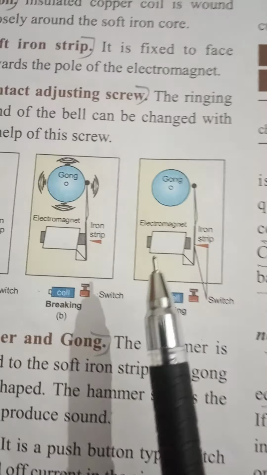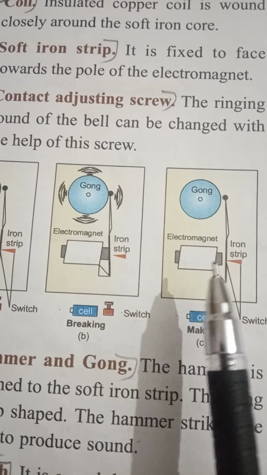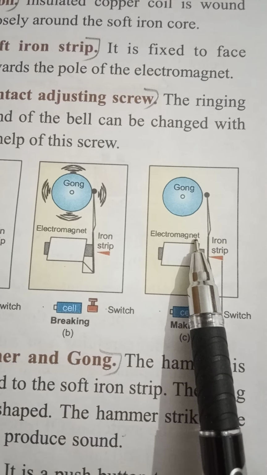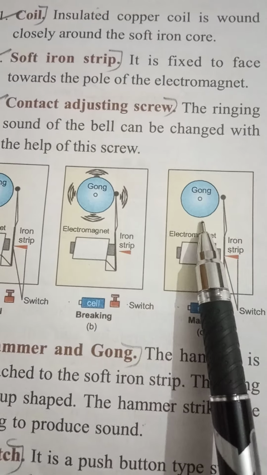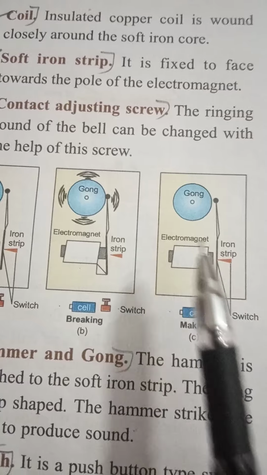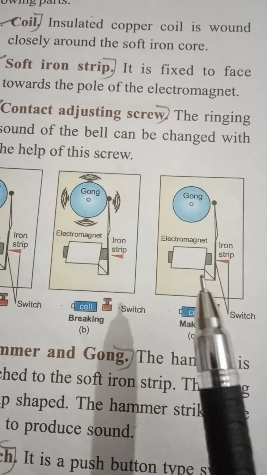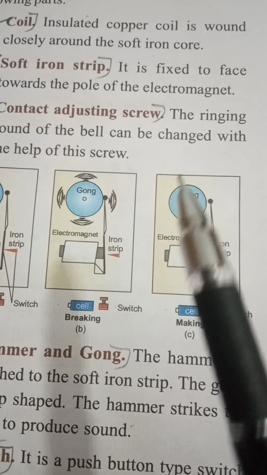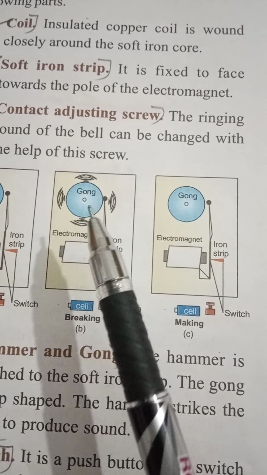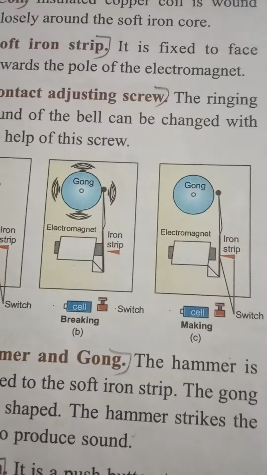Then the electromagnet loses its magnetism and the hammer comes back to its original position. You have already seen this in the diagram. The bell continues to ring so long as electric current passes through the circuit, and when it is in the off position, we are not able to hear any sound.